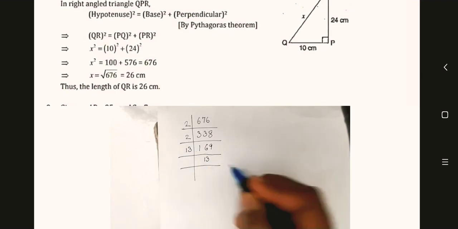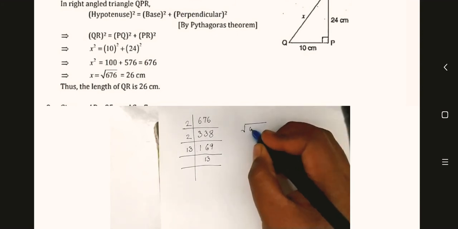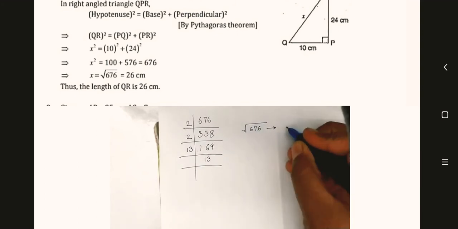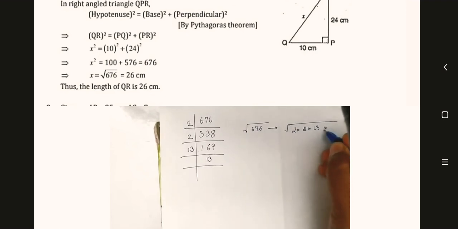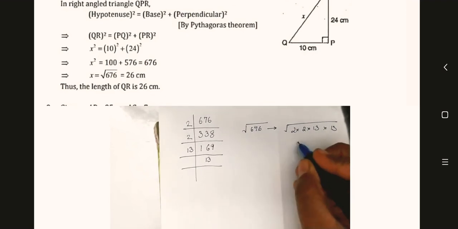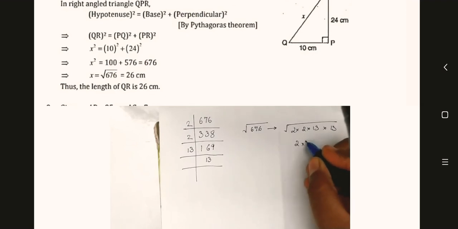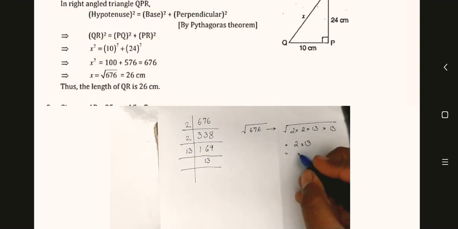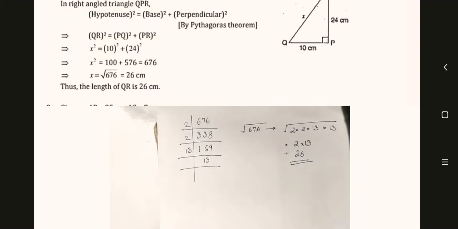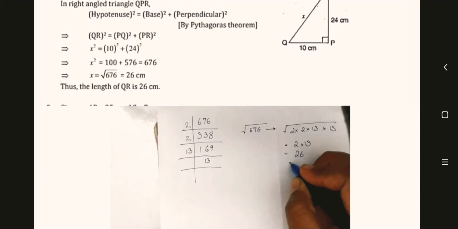So here we'll get 676 can be written as 2 into 2 into 13 into 13. So we'll get the square root as 2 into 13, that is equal to 26. Okay. So in this manner, we found that the square root of 676 is 26 and we got the length of QR as 26 centimeter.